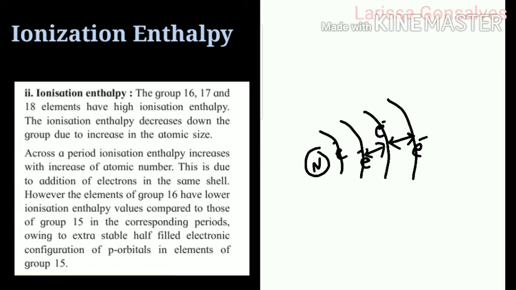Now the nucleus tries to attract these electrons towards itself, but the electron which is present in the valence shell is not able to get that force of attraction of nucleus because these electrons present here try to shield it.